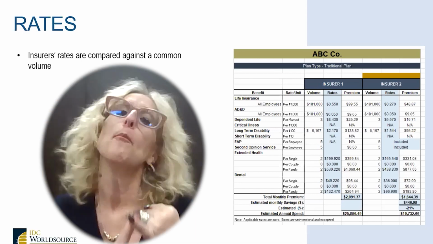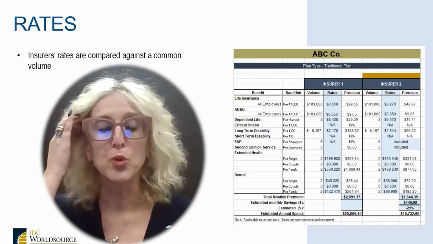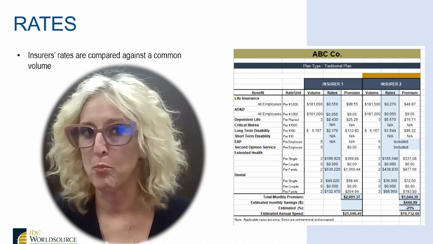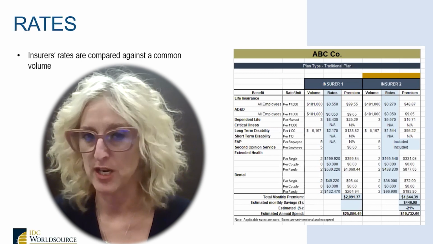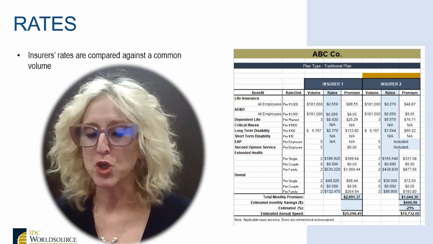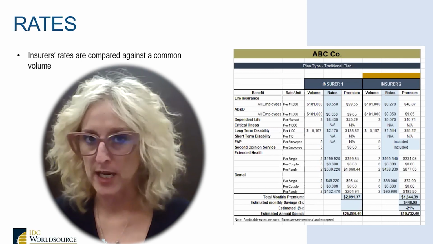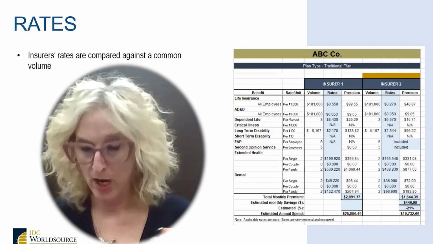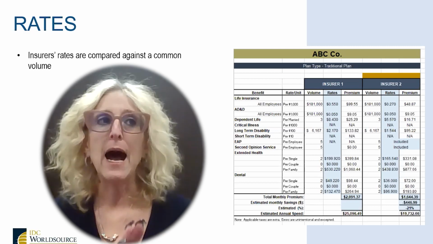Number 1, participation levels are really important. We're going to get into that a little bit more when we talk about the implementation of a group. But insurance companies have mandatory participation rules, so you're going to see them in that note section.